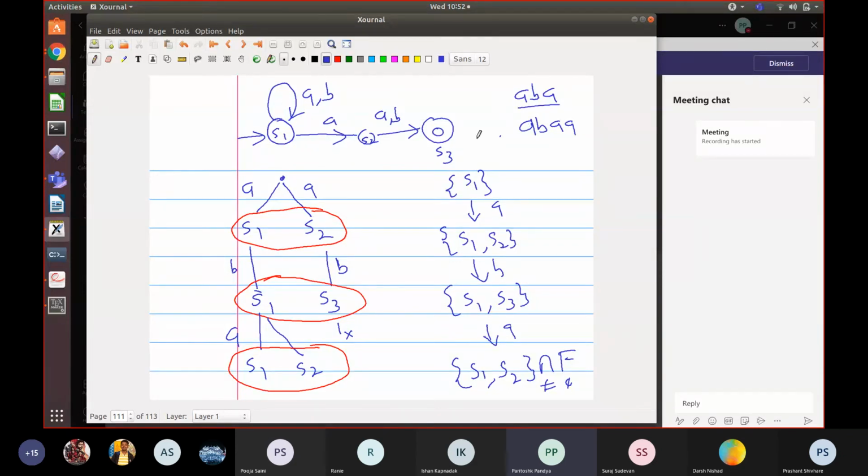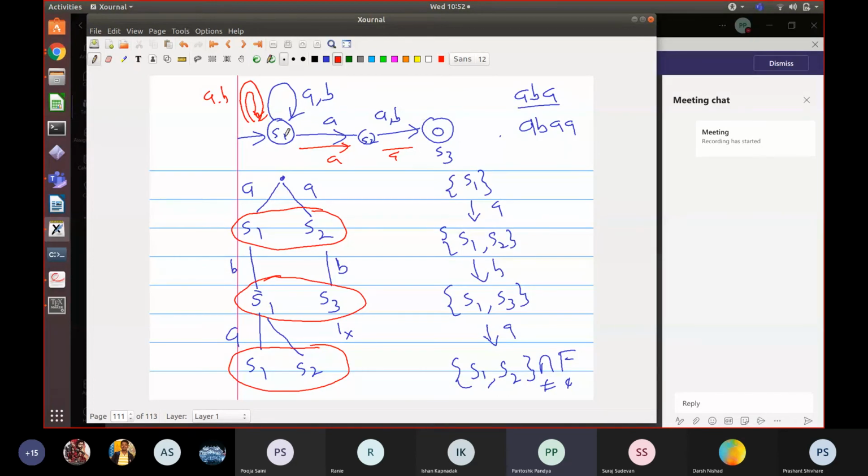I have to show one path which will take me there, and I can show it like this. On A and a B, I stay there. On an A followed by B, I just take this loop twice. Then on an A, I go here, and then on another A, I go here. Right, so I take this path: A, B, A, and A. And till I have shown such a path, I know that the word is accepted. And what I am doing is I am symbolically searching for such paths simultaneously.